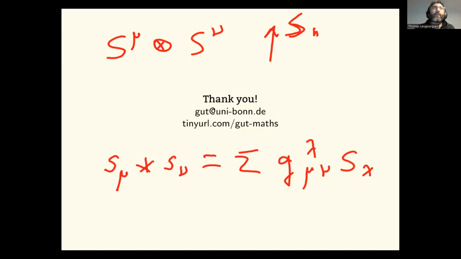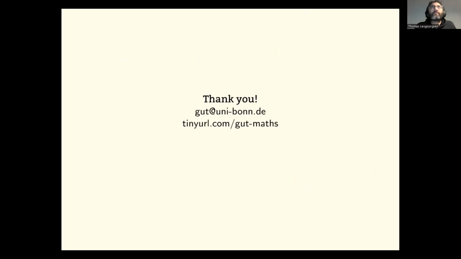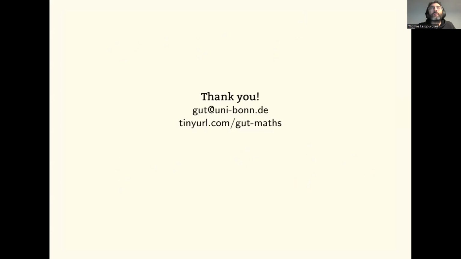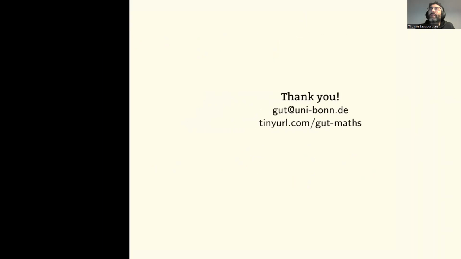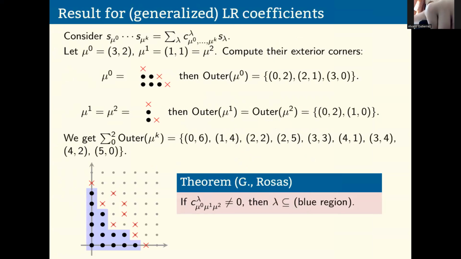And I guess you have a necessary condition for the coefficient to be non-zero. Mm-hmm. And have you looked at the computation aspect of that? Yes. So these algorithms that we present are polynomial, whereas the question is non-polynomial.